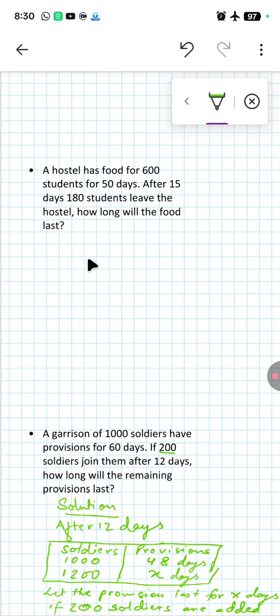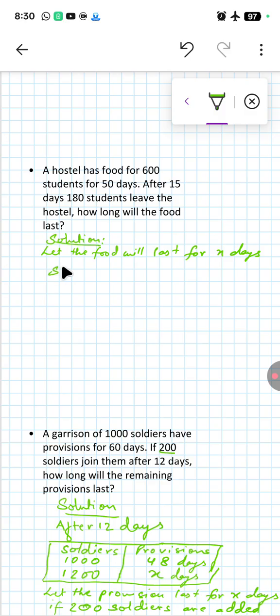But this is also inverse variation. Let us do solution for this question. We can let x be how long the food will last. Let the food last for x days.